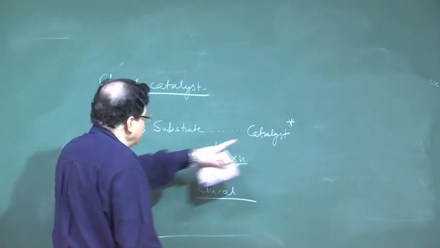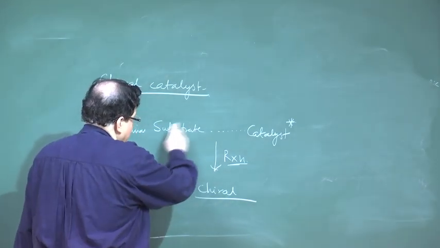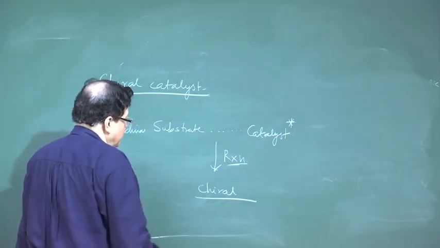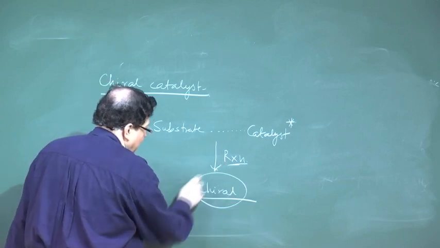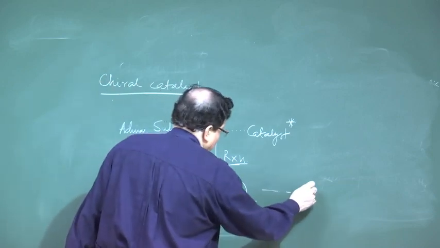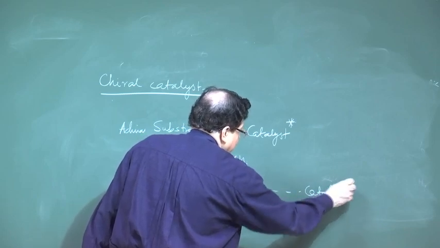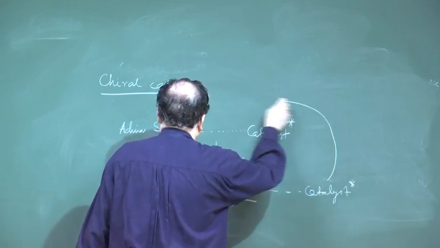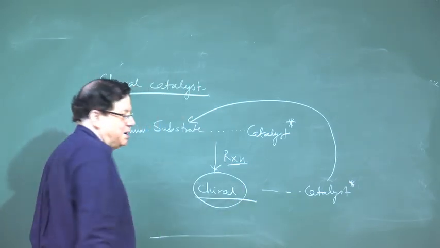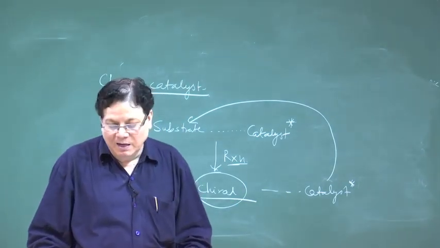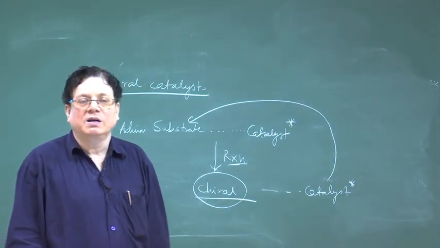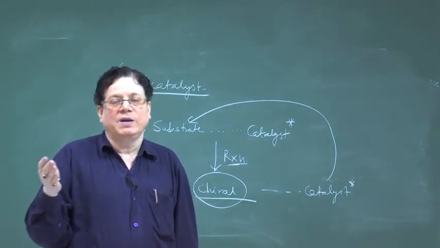But if you have a catalyst, the catalyst attaches to the substrate, does the reaction, gets the chiral compound out, the catalyst goes out, and this catalyst then catalyzes fresh substrate molecules. Okay. So, this lesson was basically learned from nature. This is how the enzymes catalyze reactions.